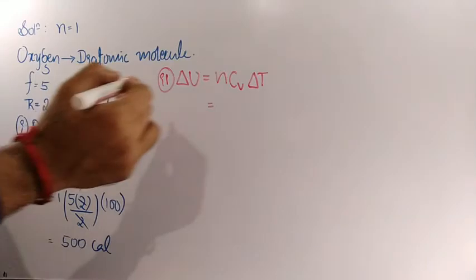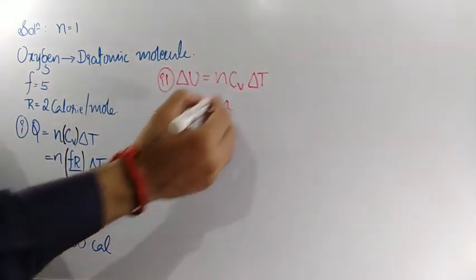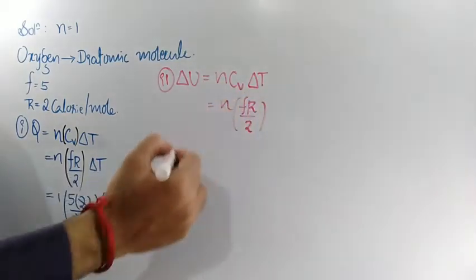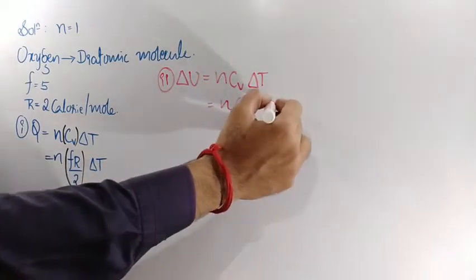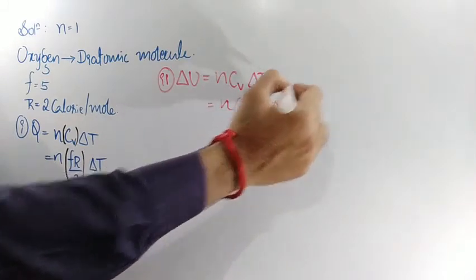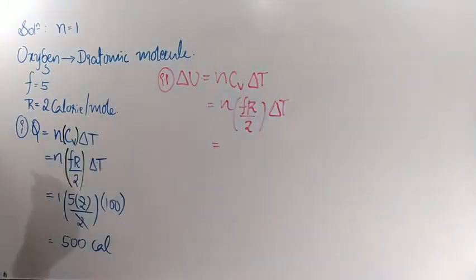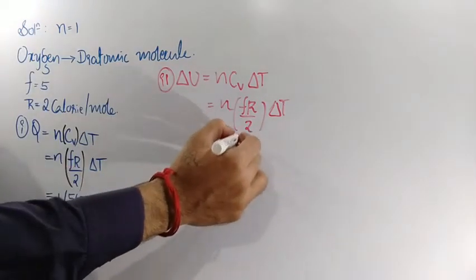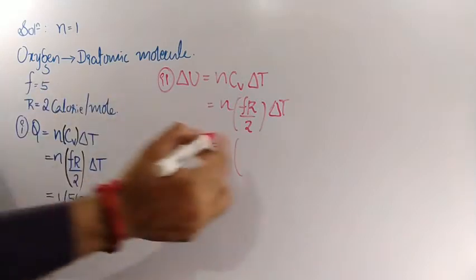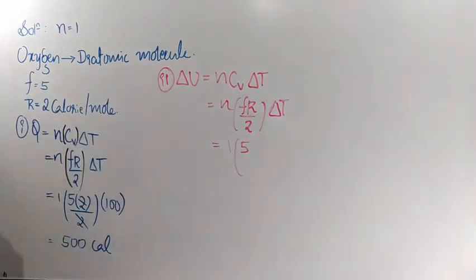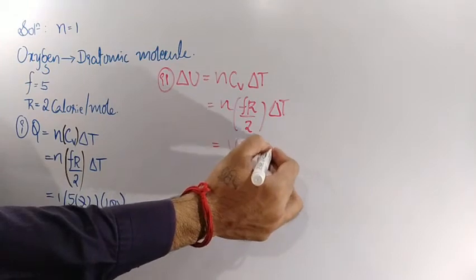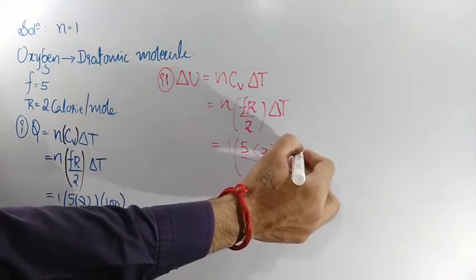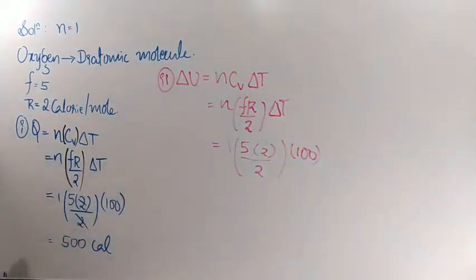So N as it is, CV is nothing but FR divided by 2, delta T as it is. Clear? Now N value is 1 inside the bracket, F value given 5, R value given 2, divided by 2 into delta T is 100, final temperature minus initial temperature.